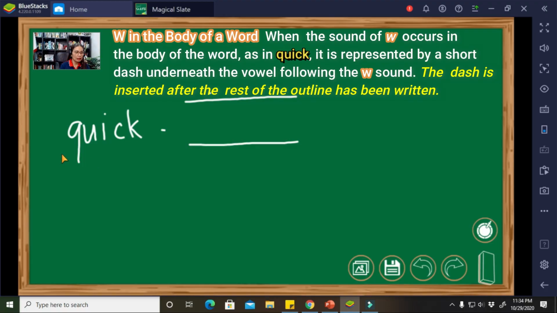So quick: Q sounds as letter K, then a small circle, and then another K. Then put a dash underneath there. So that is quick. Alright.